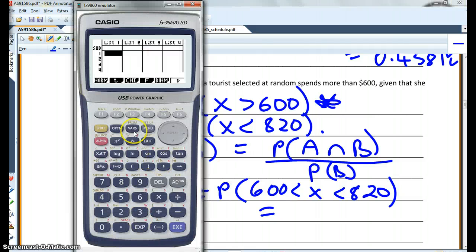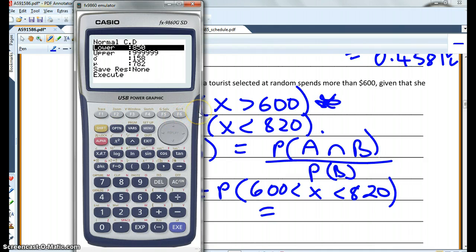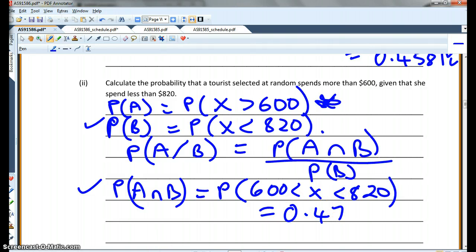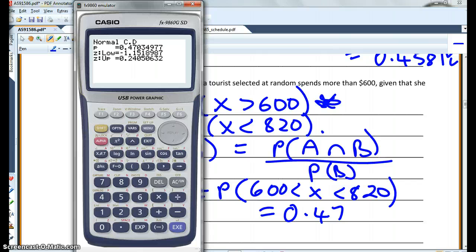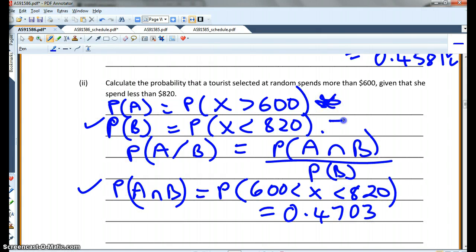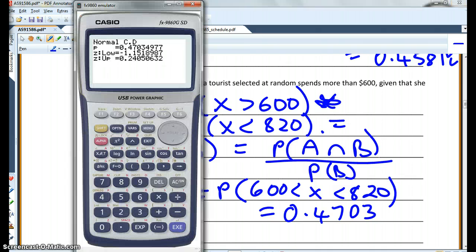On the calculator, so normal, NCD, we are going to have lower is 600 and upper is 820. So we get 0.4703, and this one, less than 820, we get 0.5950.